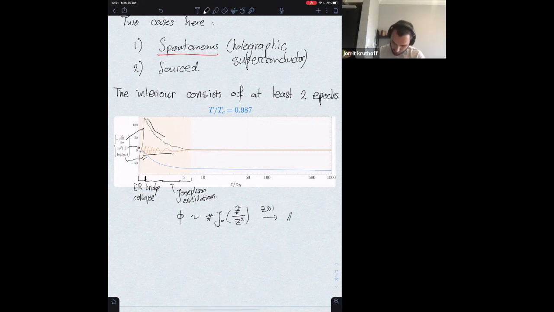And so this will be some other number times log of z. And so here you see the transition happening from this oscillatory behavior to a logarithmic behavior, and so to a Kasner regime.